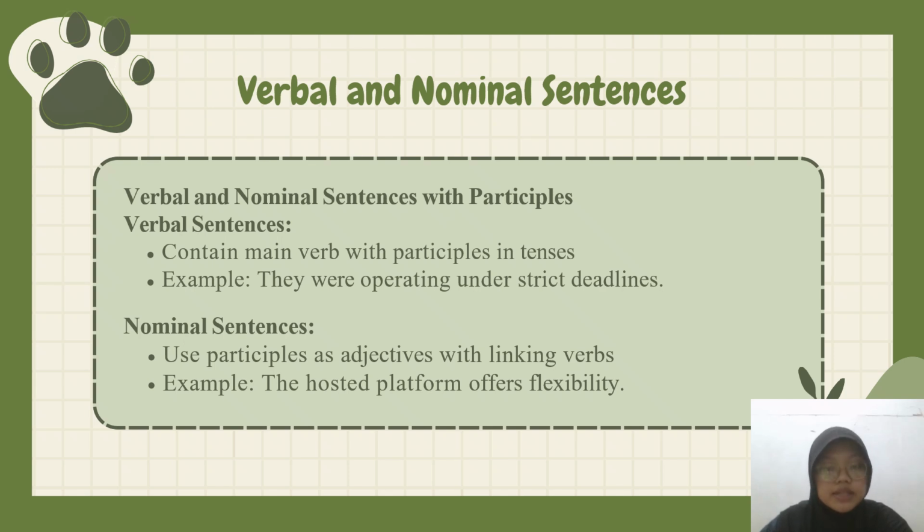The word "hosted" is the past participle of host. Here, it directly describes "platform." It's not part of a verb tense like "is hosting" or "has hosted." It functions as an adjective directly in front of the noun, the hosted platform.